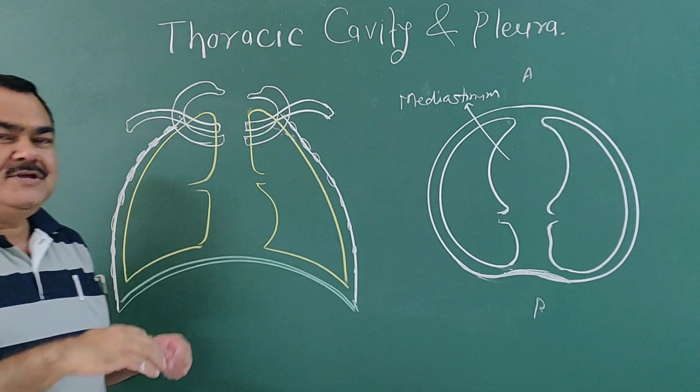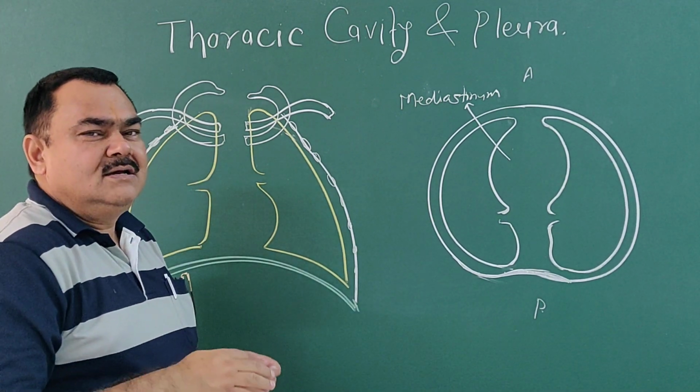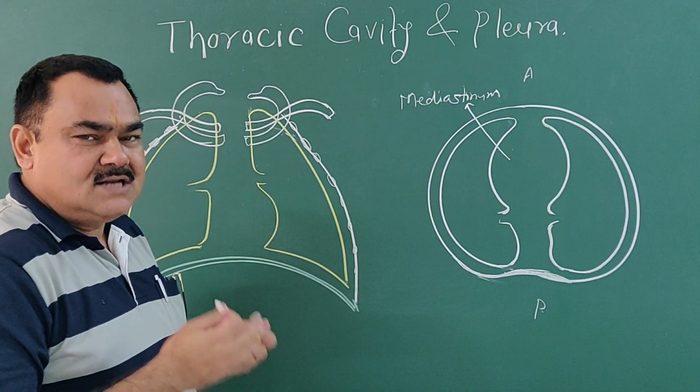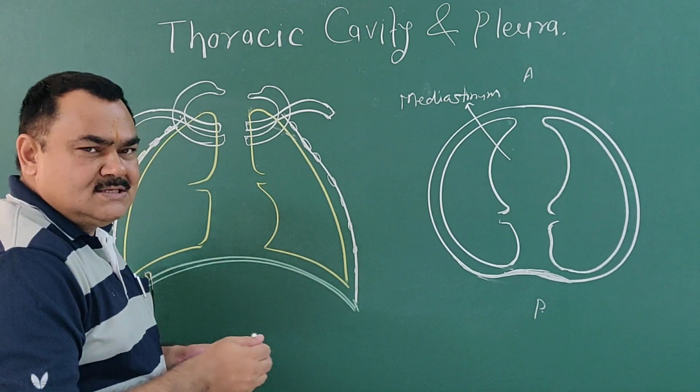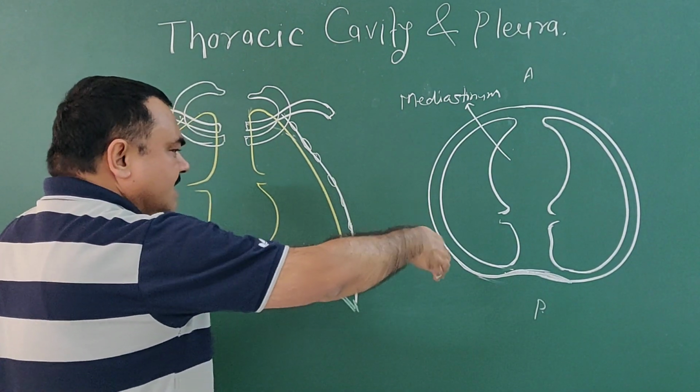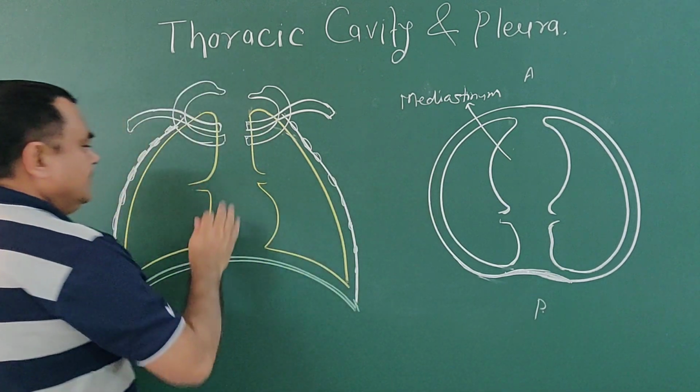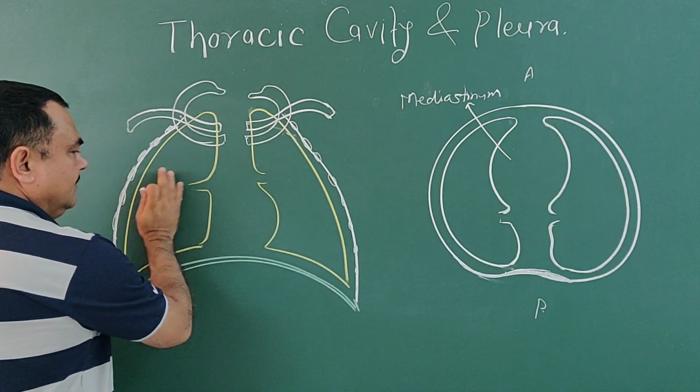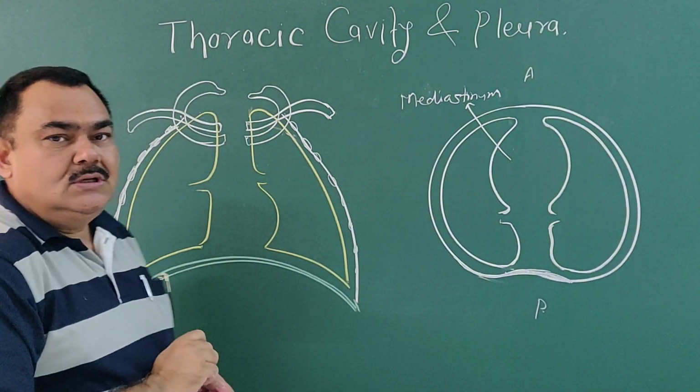In this mediastinum, several structures are present: heart, thoracic duct, trachea, esophagus. So all these structures are present here. This is the mediastinum. These are the two lungs.